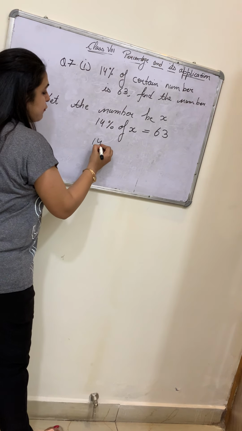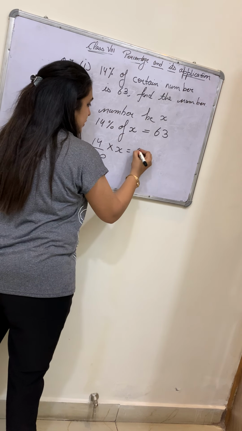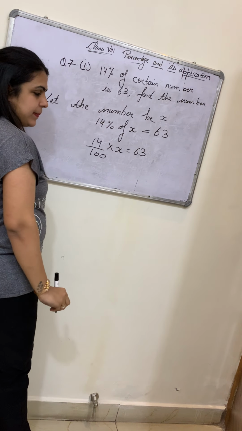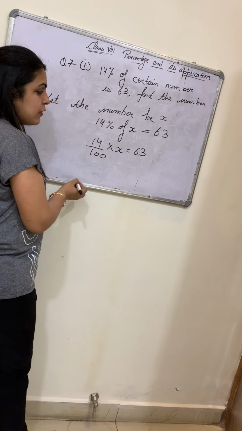This is 14 upon 100 into x is equal to 63. We are going to cross multiply this as we have to find the value of x.